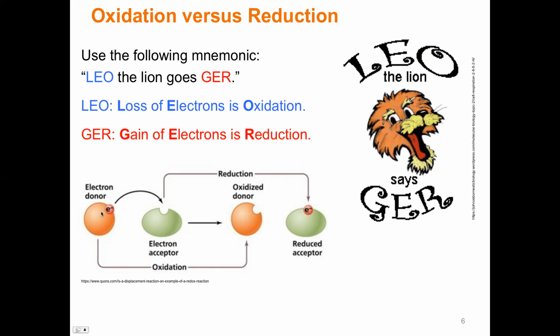Here you've got an oxidation because you've lost electrons, and that electron has to go somewhere. So here's where it went. Here's the oxidation, here's the reduction. The thing that accepted the electron is the electron acceptor, and that's the thing that has been reduced. The electron donor is the thing that has lost the electron and has been oxidized.